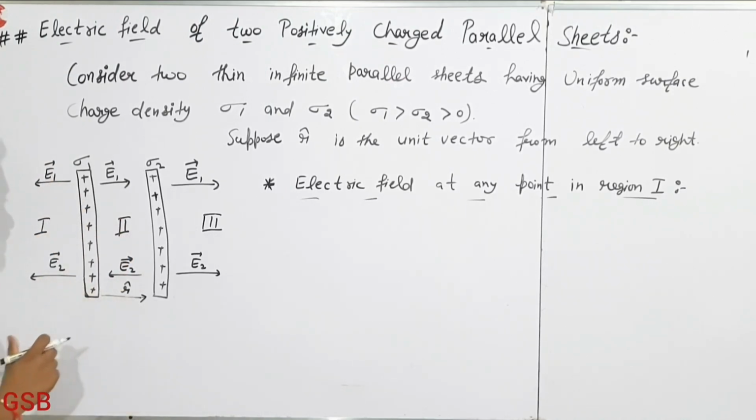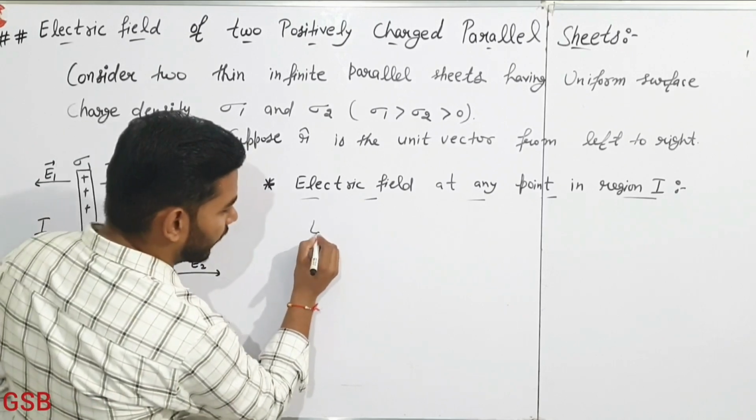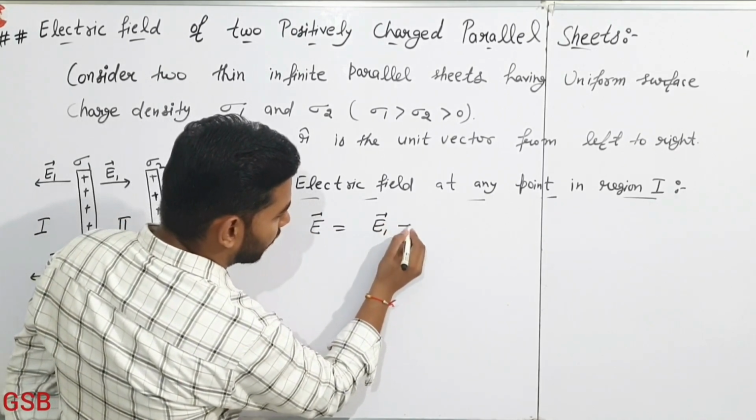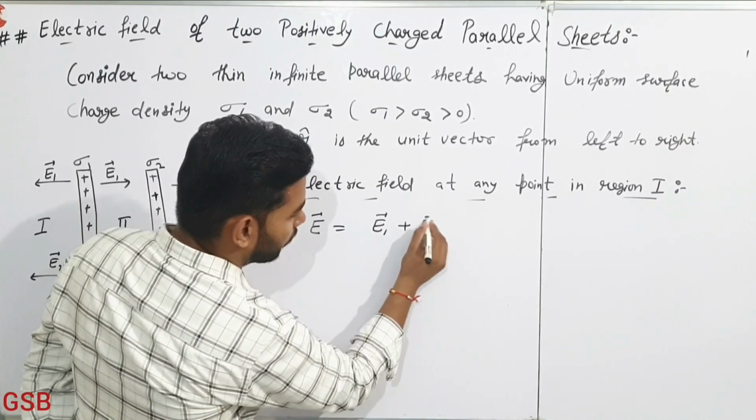E1 and E2 having same direction, so electric field is given as E1 vector plus E2 vector.